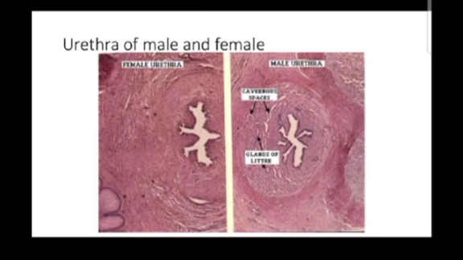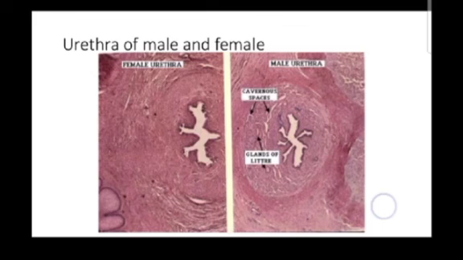The epithelium is of the transitional variety in the prostatic part, while the membranous and penile parts are lined by pseudostratified columnar. The lamina propria consists of loose connective tissue, which is rich in collagen and elastic fibers.